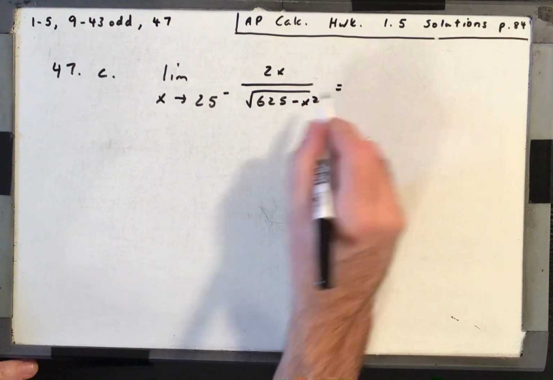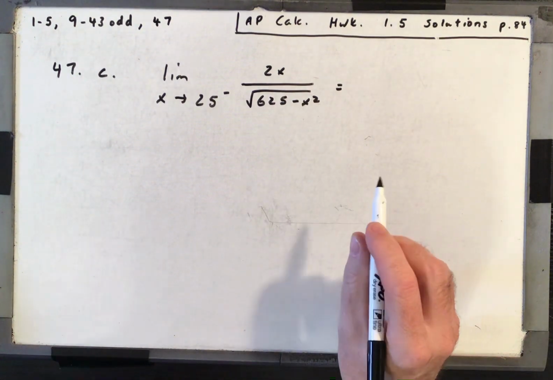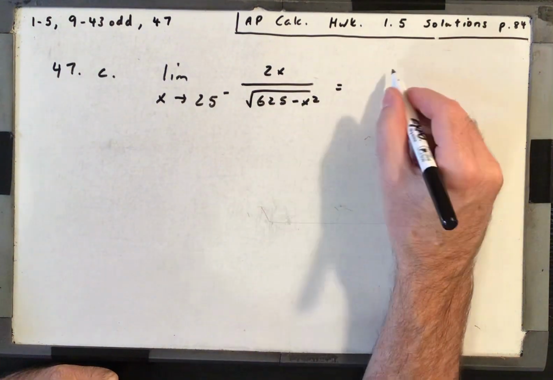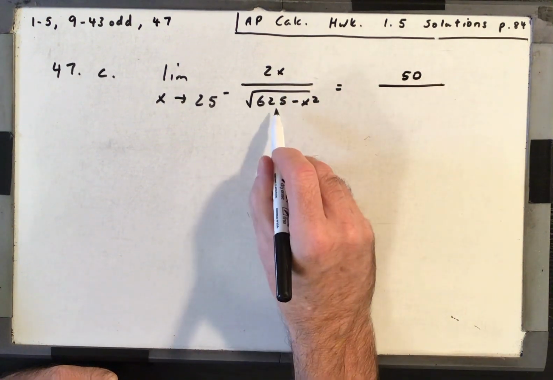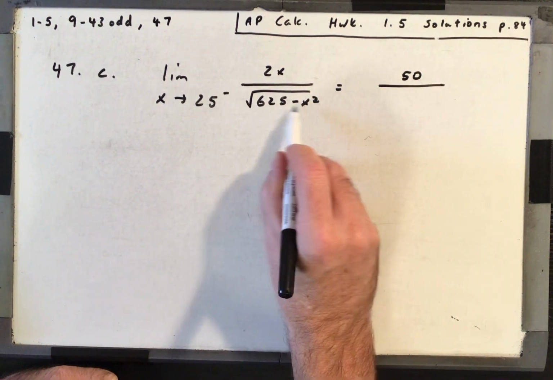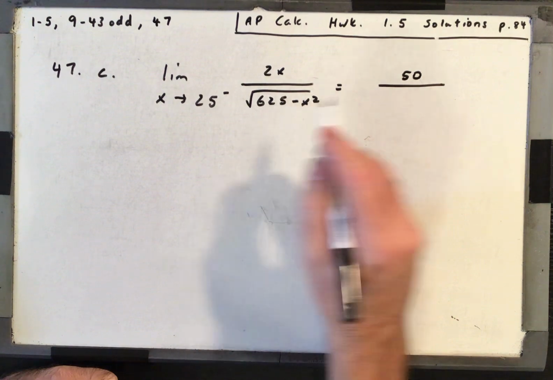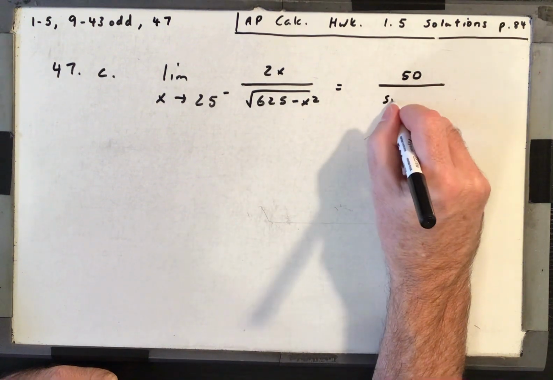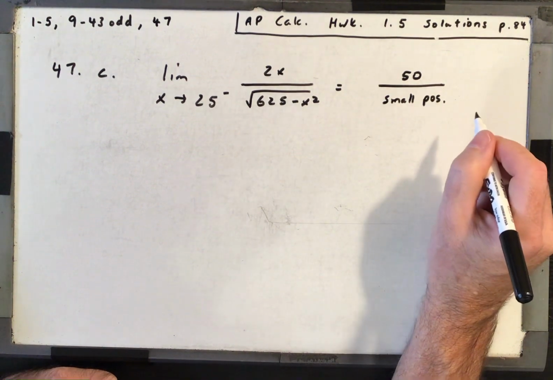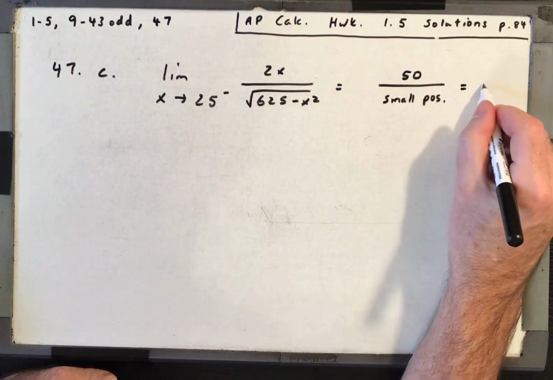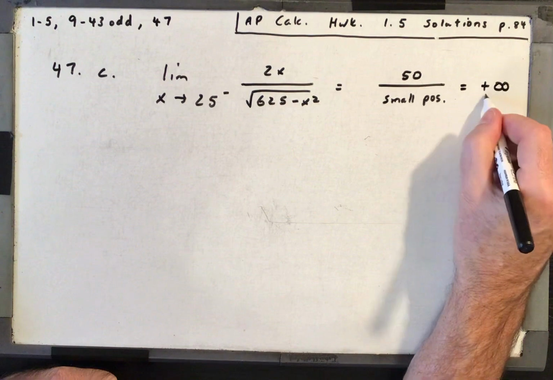Well, if we plug in, since it's from the left, this is going to be 50 on top, right? 2 times 25. And on the bottom, a little under 25 squared, take the square root of that, so it'd be 50 over a small positive. All right, so that's going to be positive infinity.